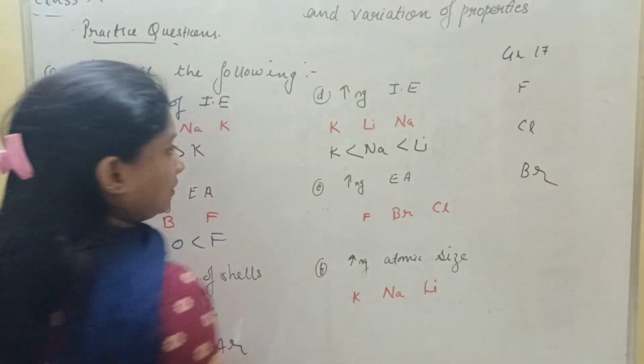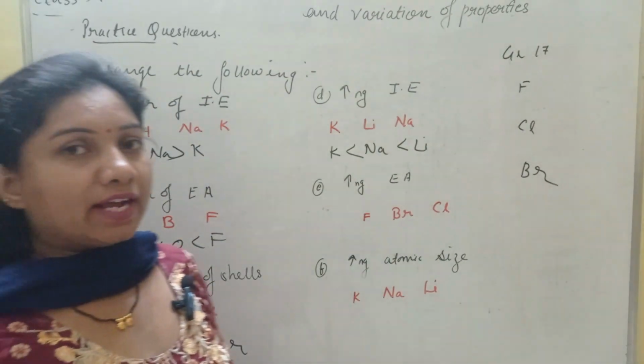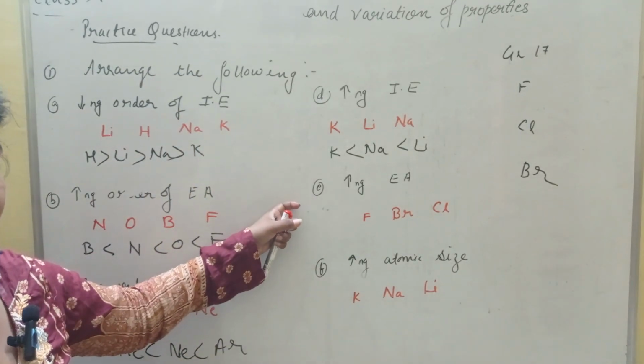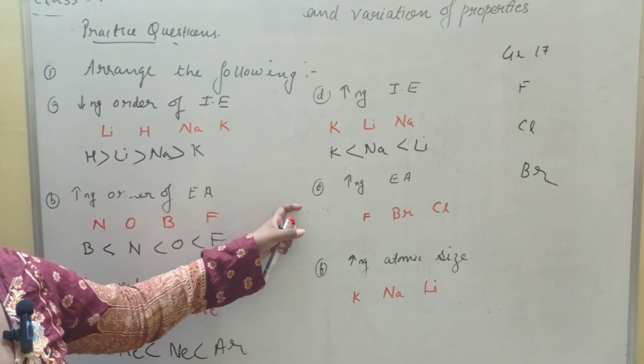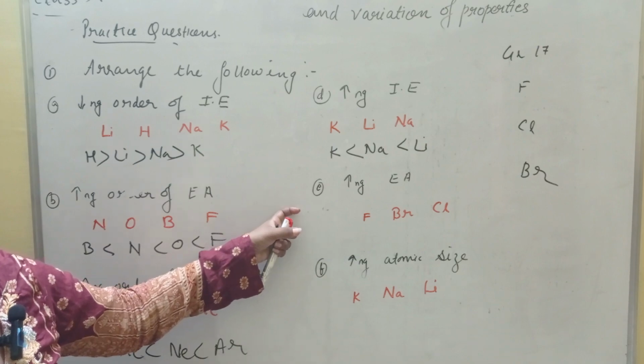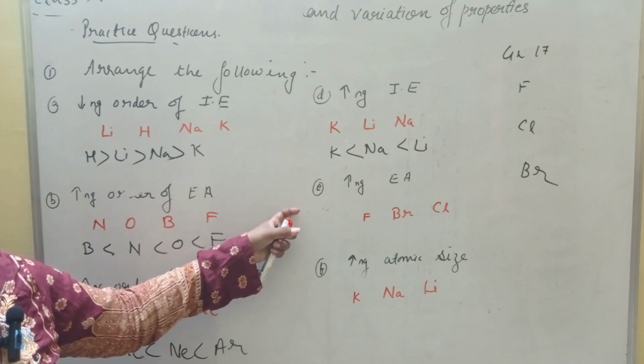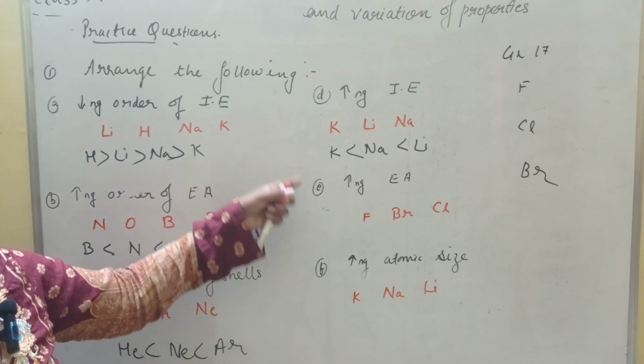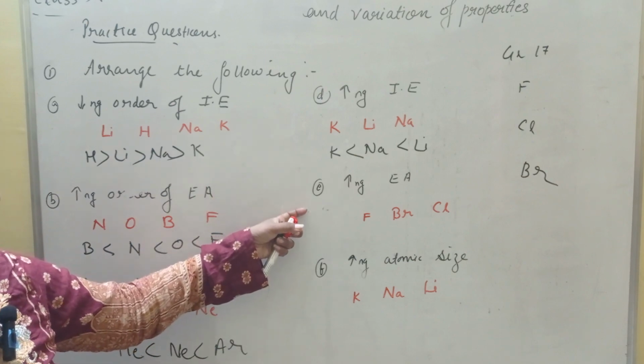Because if the size of the atom is more, it will not favor the acceptance of electron. So it will be difficult to accept electron due to less attraction between the positive nuclear charge and the outermost electron. The tendency decreases as we move down the group.